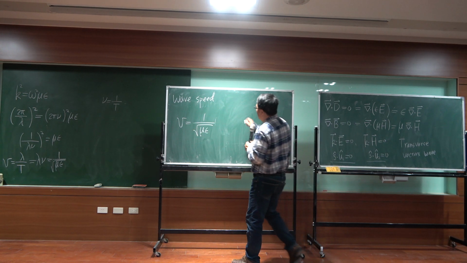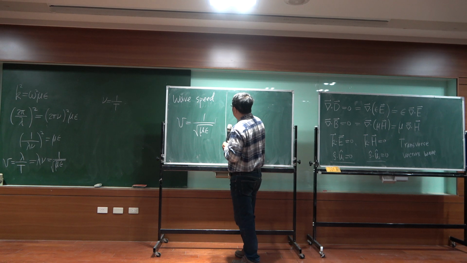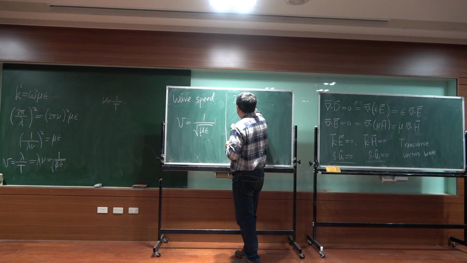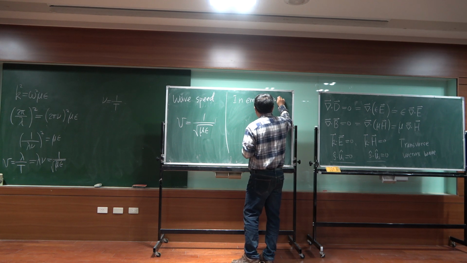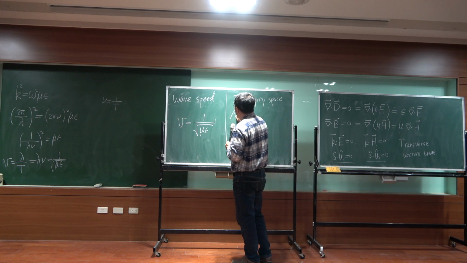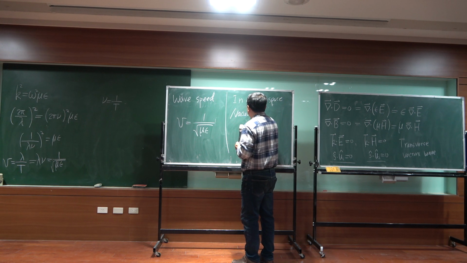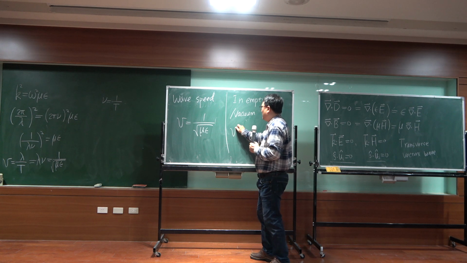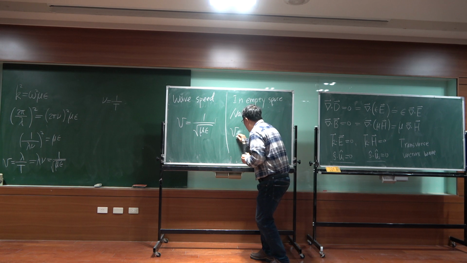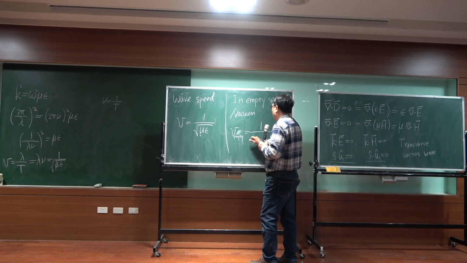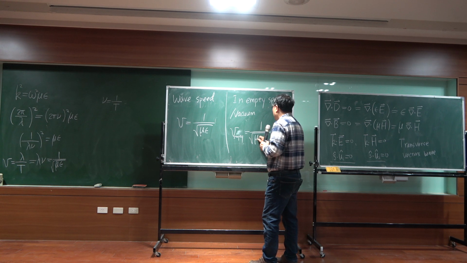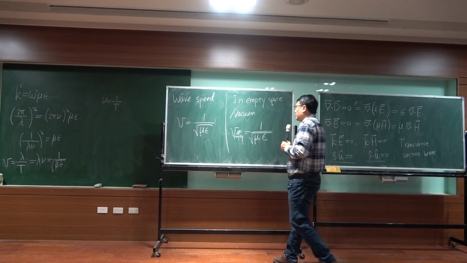And if we consider empty space, or vacuum, we have v equal to 1 over square root of mu 0 epsilon 0.